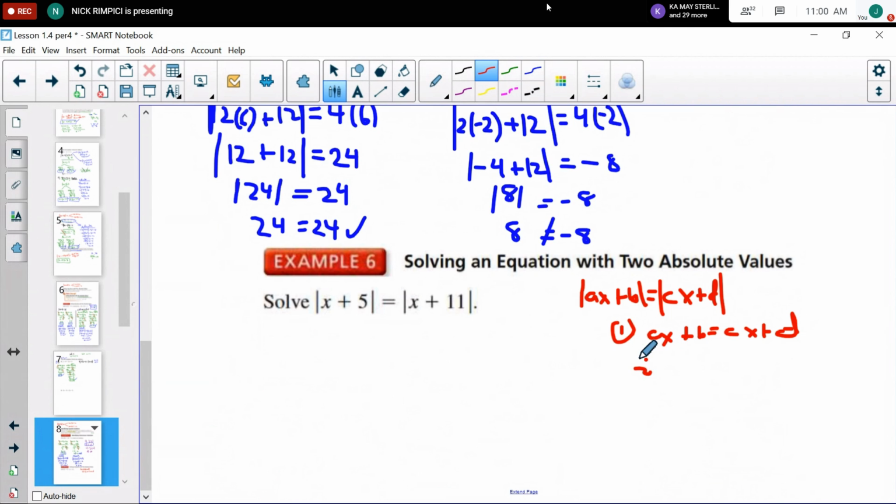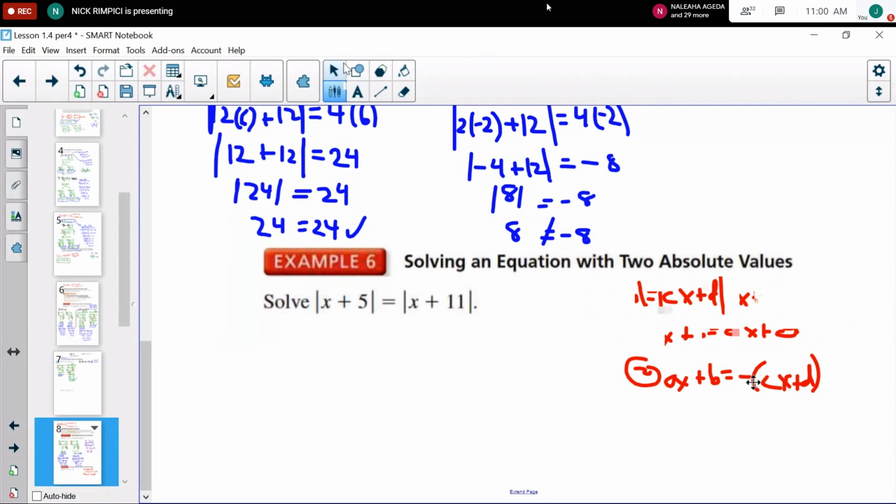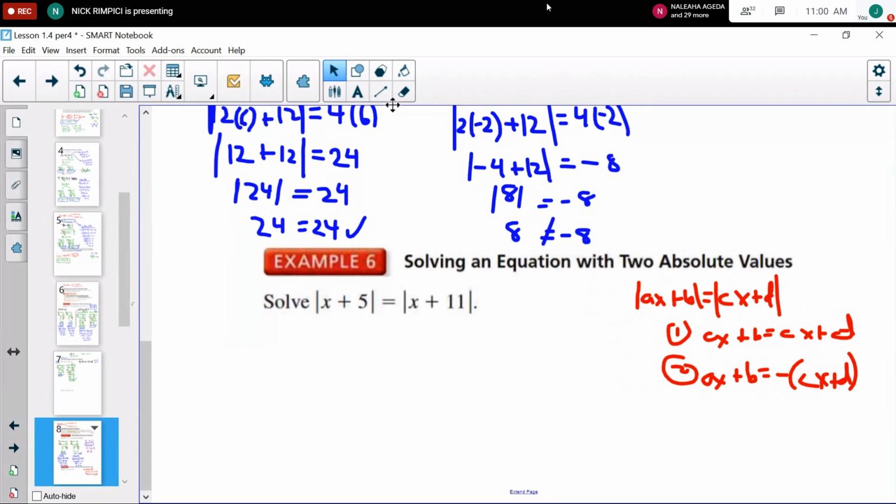And then you also end up with ax plus b equals negative, negate the entire side, cx plus d. Okay, this is in your notes from yesterday. So this is just the stuff we did yesterday. That's the strategy we use to undo the absolute value.